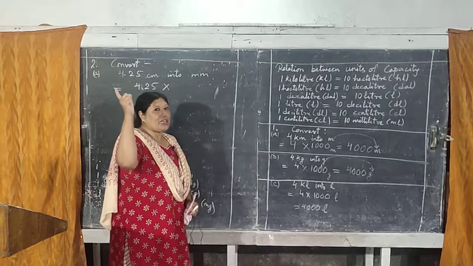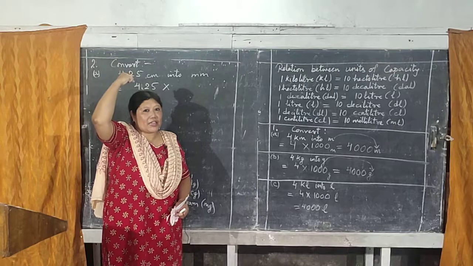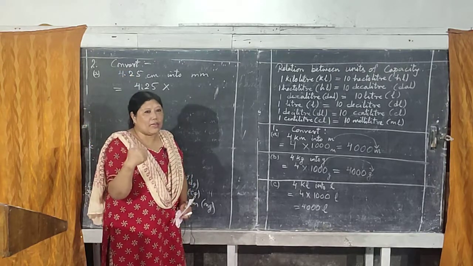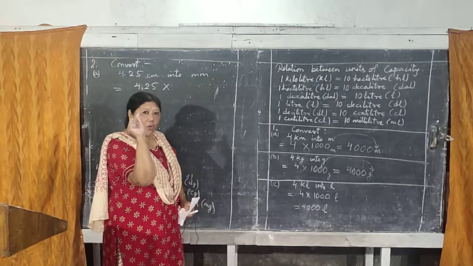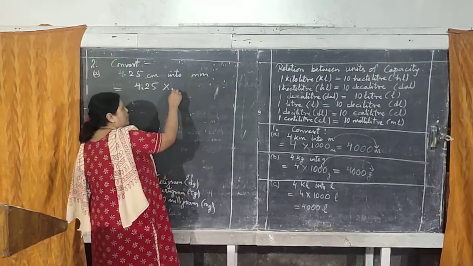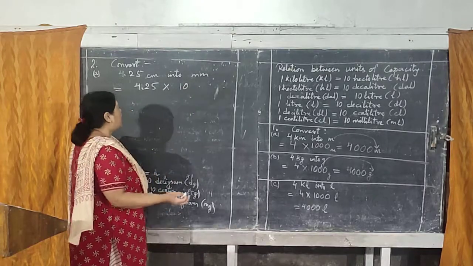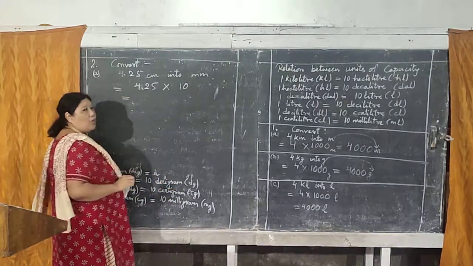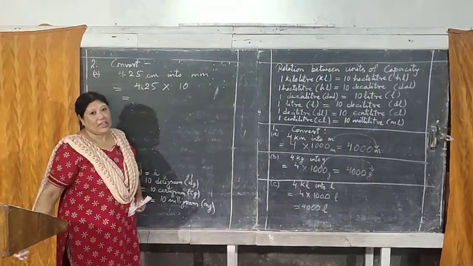I said keep the question, the unit of the question on your head, centimeter, then after that comes what? Millimeter. Centimeter, then millimeter. This finger, only one step. So 1 and 1 zero. That means 10. Okay.